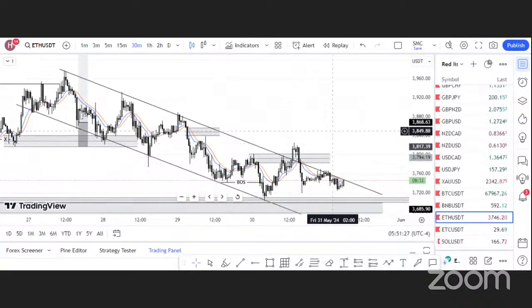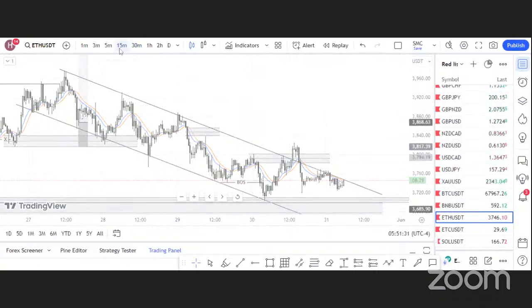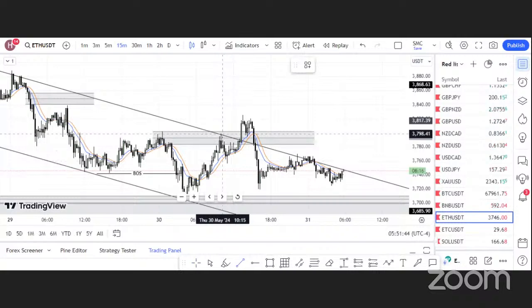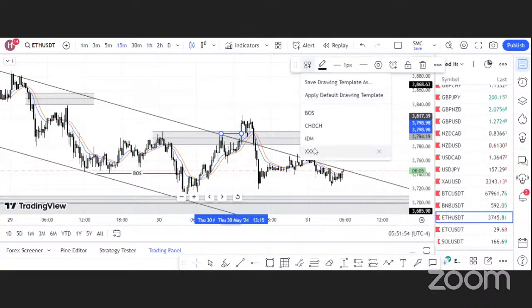So let's see if it's going to happen here again. All right, on the 15 minutes time frame, the market is currently on the trend line. And aside from that, we also have a level of liquidity where the market purged liquidity. So let's see what happens on those levels.